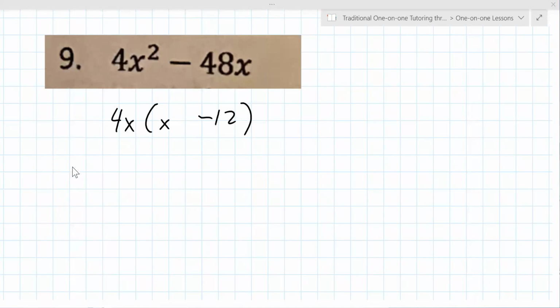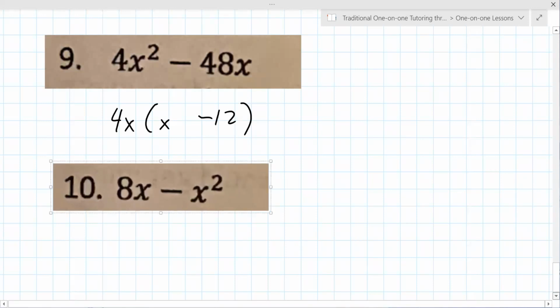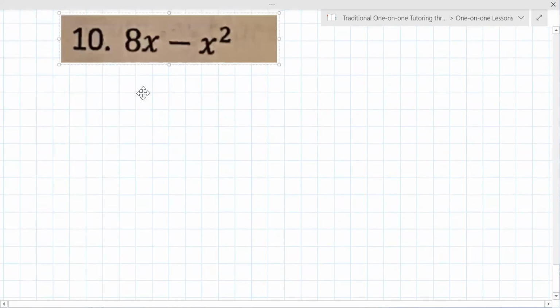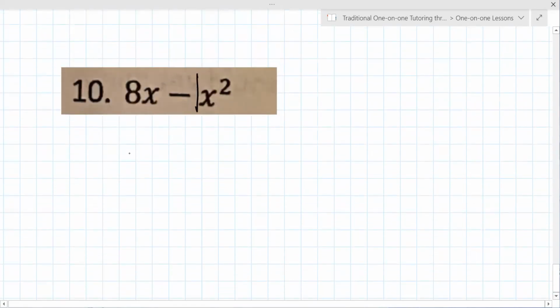All right, so this is the first one that's maybe slightly different. There is not a number that goes into both of these. So the numbers are 8x, and then parentheses x minus... It's not x minus, because there's already an x here.